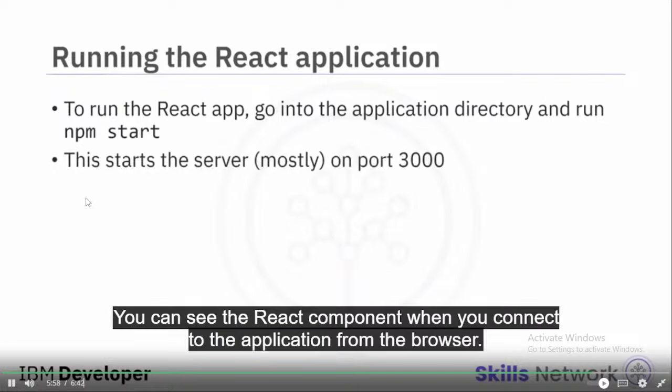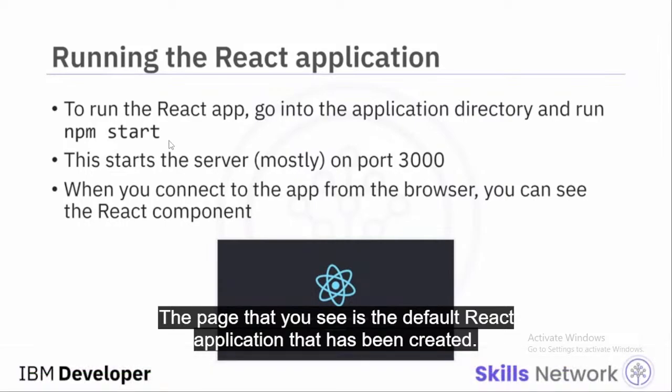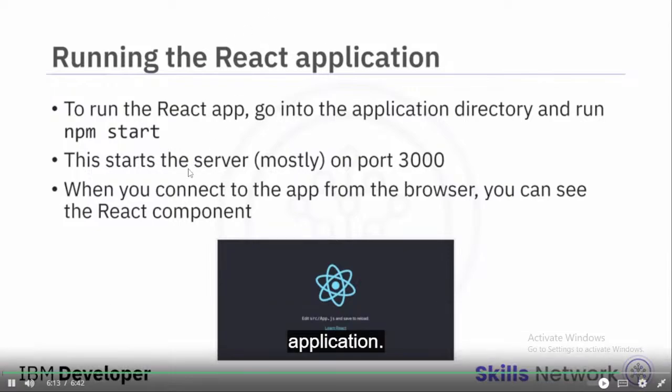You can see the React component when you connect to the application from the browser. The page that you see is the default React application that has been created. You can make changes and add more nested components to make it a full-fledged React front-end application.